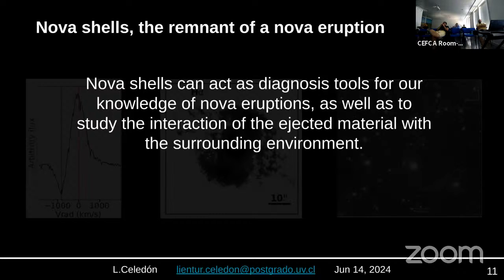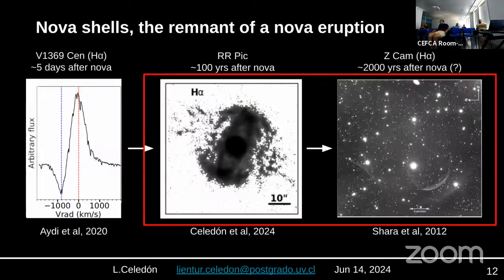By studying the geometry, the kinematics, and their abundances, we can compare how these systems behave in the present with what we believe they should do, based on our understanding. And they can also help us understand how the expanding material interacts with the interstellar medium. This has been the focus of my research during the last years.